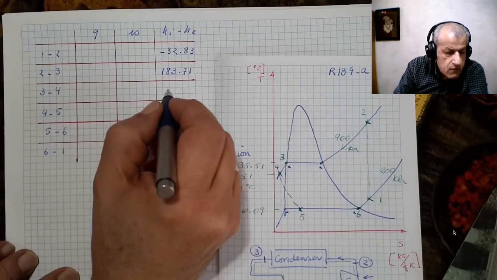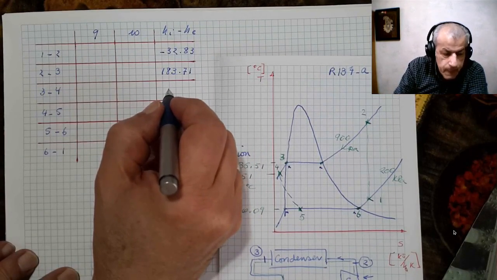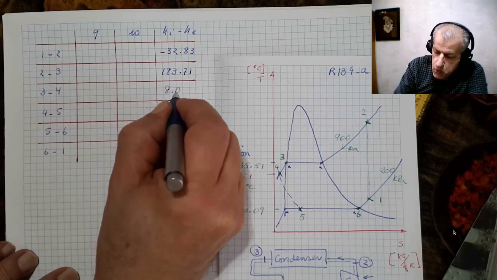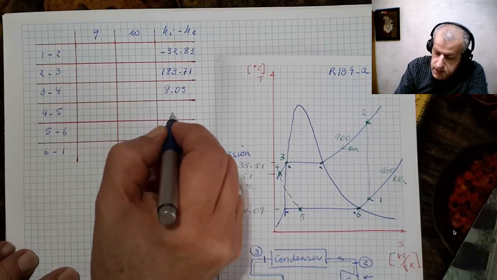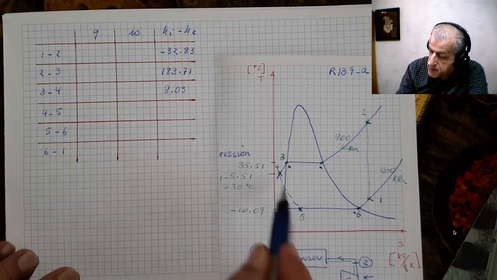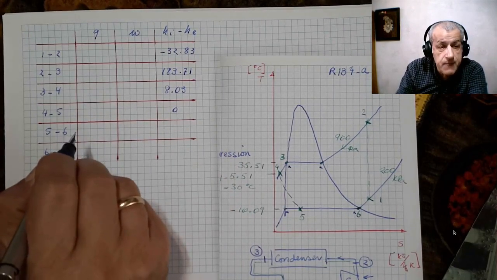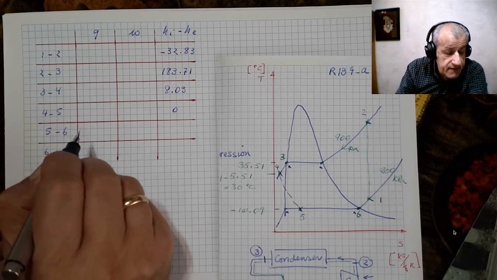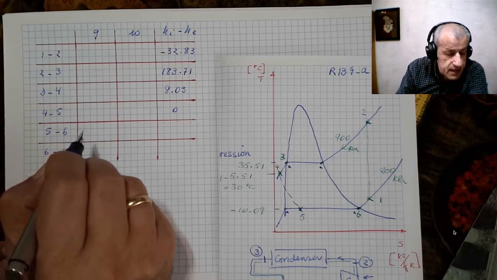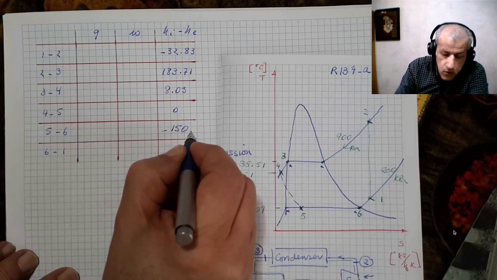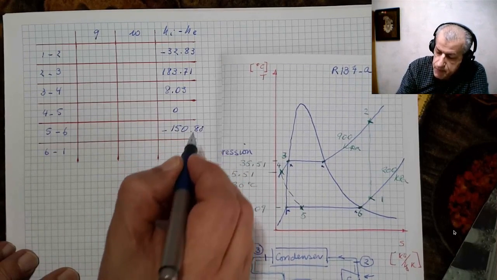183.71. For process 3, 4, it is 8.03. For process 4, 5, in the throttling valve, delta H is 0. Process 5, 6 is in the evaporator, and from the table, this would be minus 150.88.